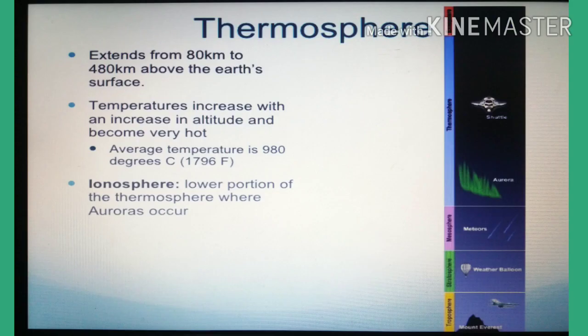And next, coming to the thermosphere. This is the fourth layer of the atmosphere, extending from 80 kilometers to 480 kilometers above the earth's surface. Temperature increases with an increase in altitude and becomes very hot. Average temperature is 980 degrees Celsius and 1796 Fahrenheit. Ionosphere, already we discussed, is part of the thermosphere.